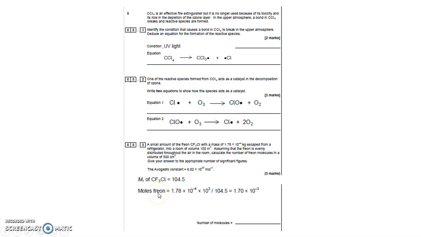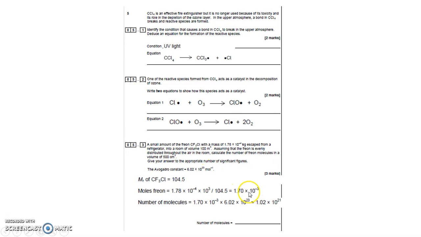I know that 1 mole of Freon, 1 mole of anything, the number of particles is that. I haven't got 1 mole of Freon, I've got 1.78 times 10 to the minus 3. But the number of moles that I have multiplied by Avogadro's number will tell me how many molecules or particles there are in there. 1 mole would be that number of molecules or particles.